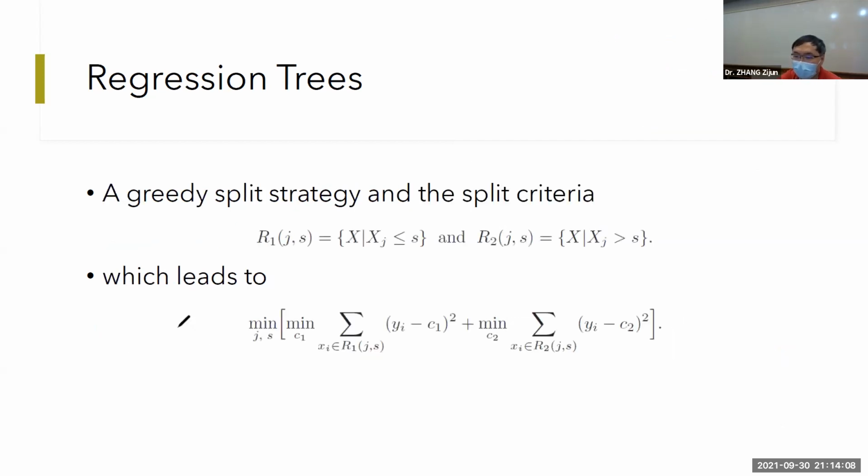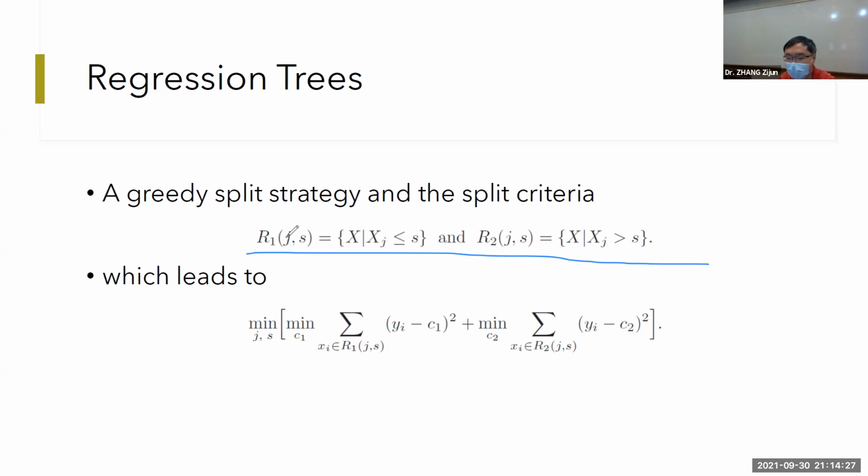So here is the math illustration of a regression tree. It is a greedy split strategy, and the split criteria follows this. So first you split the data set into two regions, R1 and R2, region 1 and region 2.